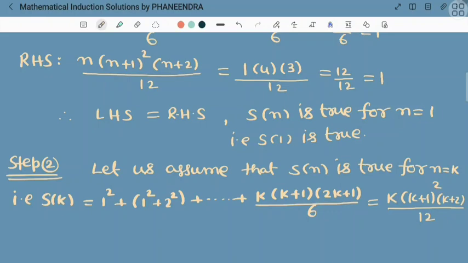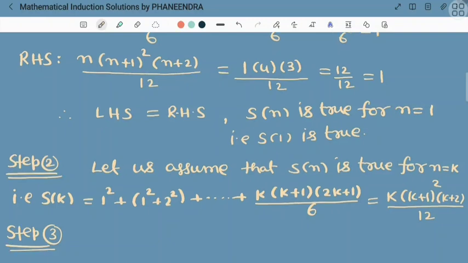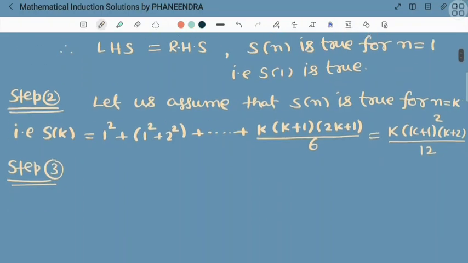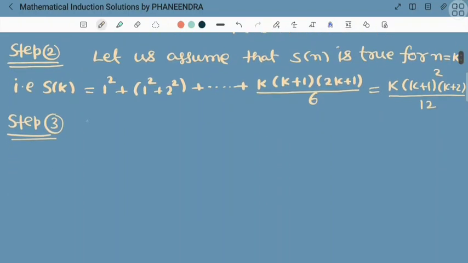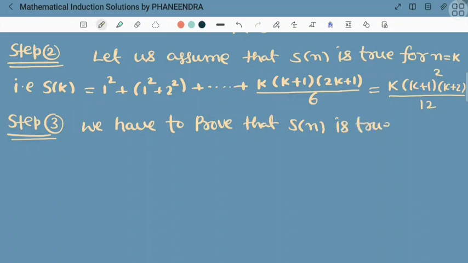So this is the second step. Okay. In the third step, step 3, we have to prove that the given statement S of n is true for n is equal to k plus 1.